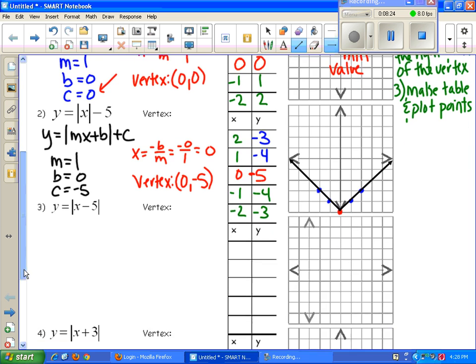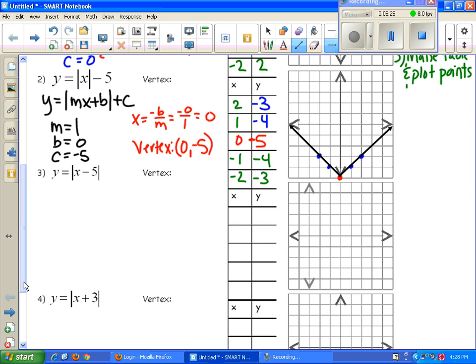So let's go ahead to the next one. So for the next graph, it's the same thing. So I first want to find my m, b, and c. So my m's a value of 1, my b's negative 5 now, and my c is 0 because there's nothing on the outside.